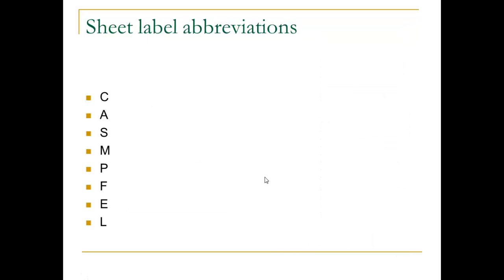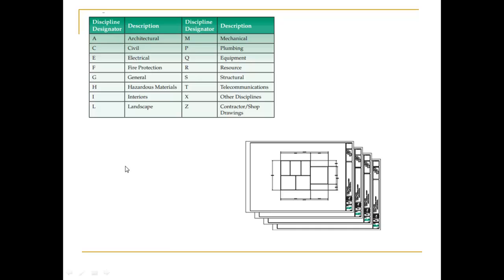Within the American Institute of Architects, we have sheet labeling abbreviations, and those are pretty standard. I think I've added some stuff in here. When we do a sheet, if it's architectural, it's going to have a designation of A, C for civil, E for electrical, F for fire protection, G for general, H for hazardous materials, I for interiors, this could be furniture, L for landscapes, and I've seen this used as in FF and E, but interiors would generally be furniture, landscaping, mechanical, P for plumbing, Q for equipment.